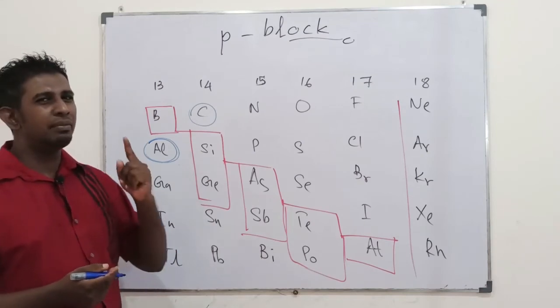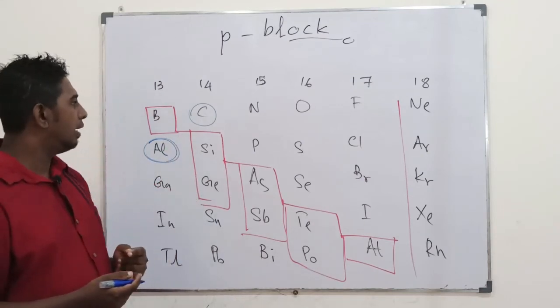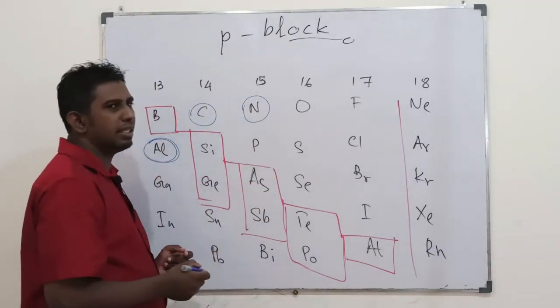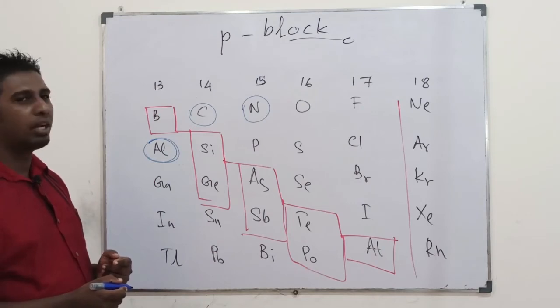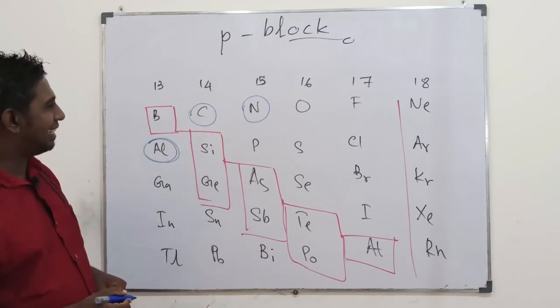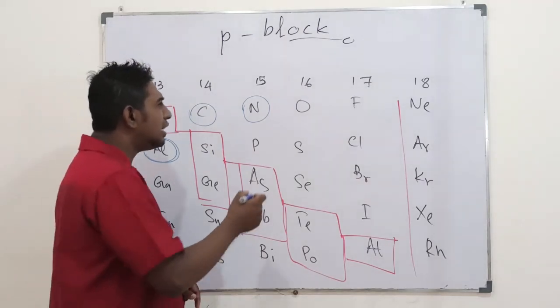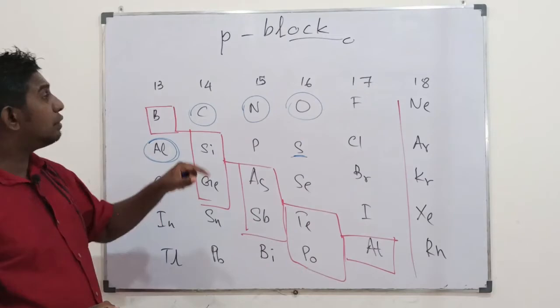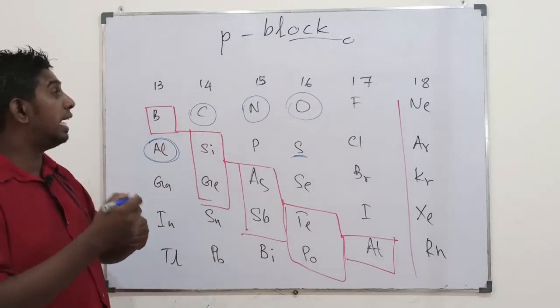Under the 15th group it is nitrogen, the spotlight is placed on nitrogen. Then it is oxygen and a little bit of sulfur as well, but mostly oxygen.